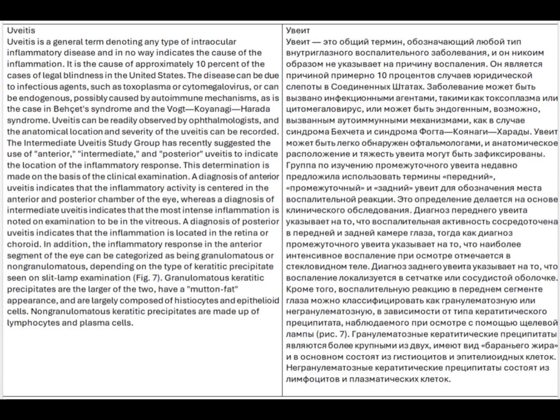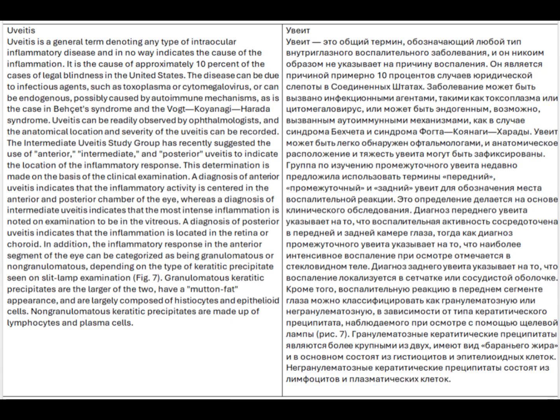A diagnosis of anterior uveitis indicates that the inflammatory activity is centered in the anterior and posterior chamber of the eye, whereas a diagnosis of intermediate uveitis indicates that the most intense inflammation is noted on examination to be in the vitreous. A diagnosis of posterior uveitis indicates that the inflammation is located in the retina or choroid.